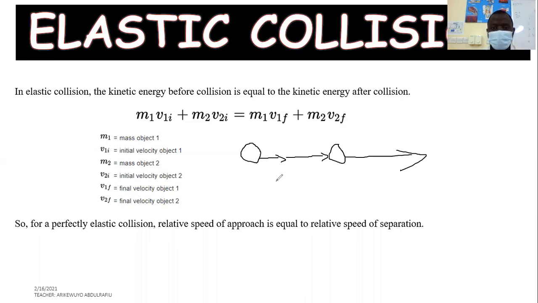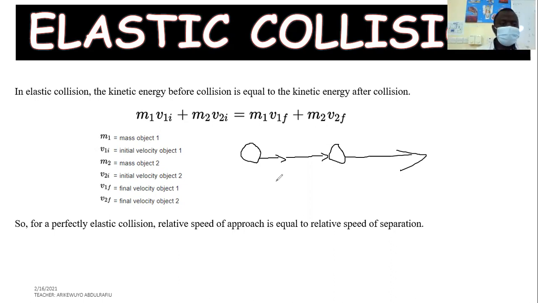Meaning the two of them are coming either from different directions or from the same direction, or one of them is not moving but one is moving. But at the end of the day, they collide together. After the collision, if they move in their separate ways, then we have what we call an elastic collision.